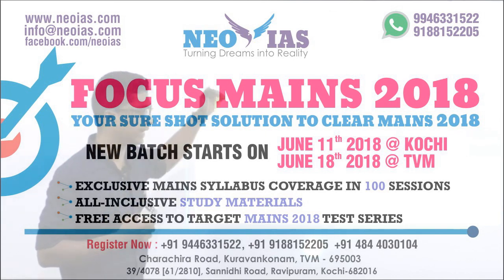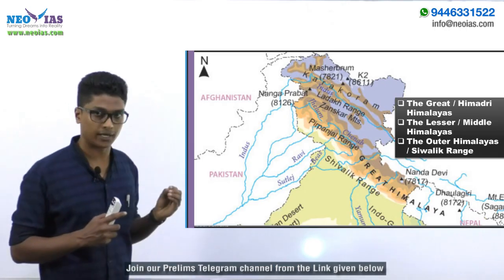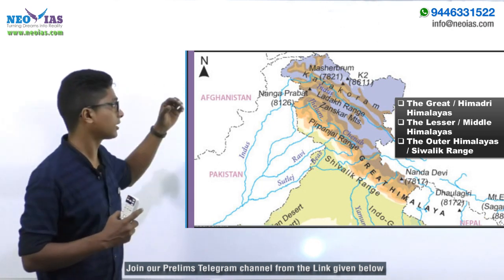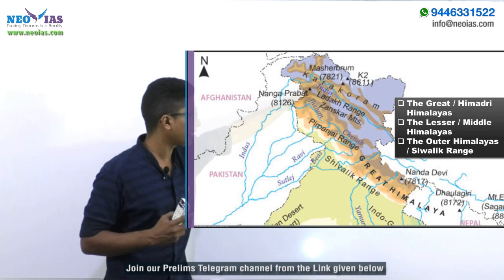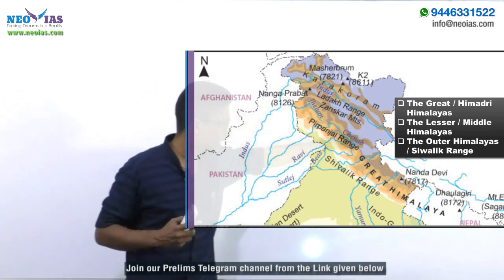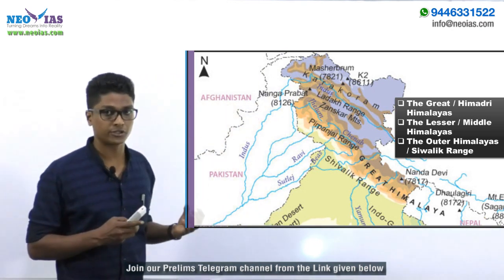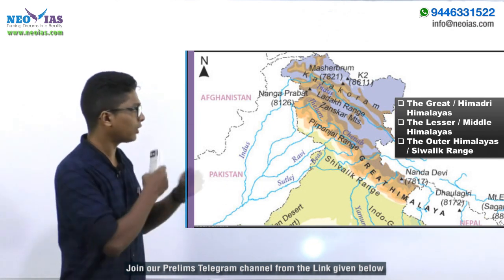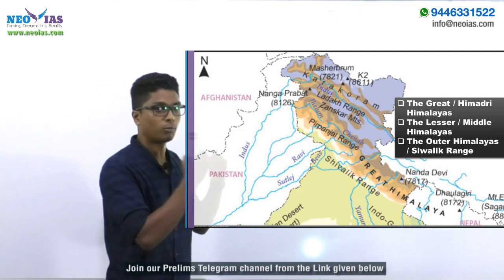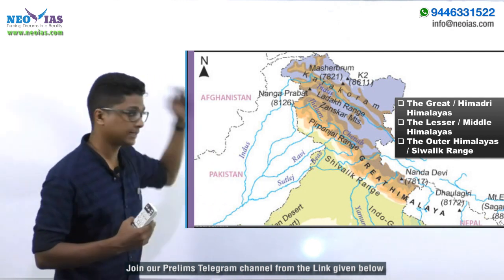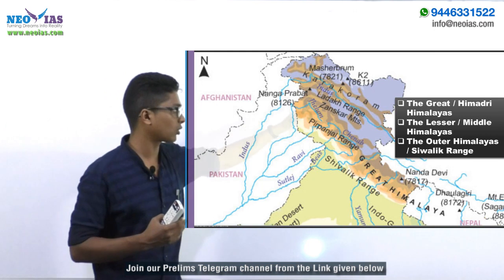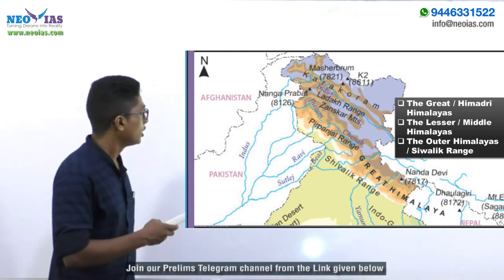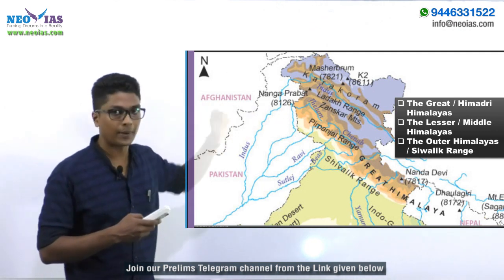North of the Great Himalayas we have the Trans Himalayas, with the Karakoram range, Ladakh range, Zaskar range, and somewhere here the Kailash range. These four ranges together are called the Trans Himalayas. They are not generally seen as almost parallel ranges. Rather, the three parallel ranges are the Great Himalayas, the Lesser Himalayas, and the Shivalik range.